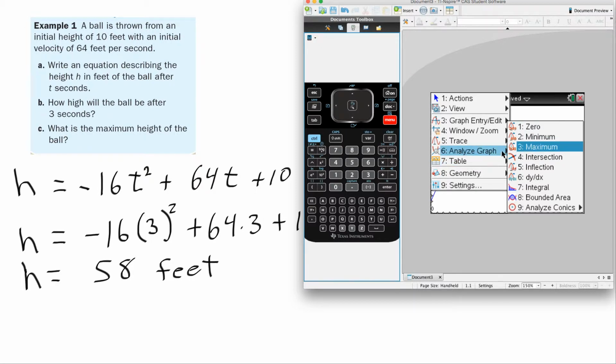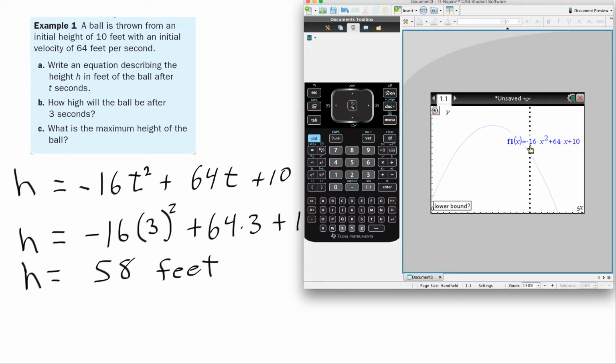Now it's looking for the boundaries on it. It could be that I have some complex graph that has many maximums, so it gives me an opportunity to select where I want the maximum from. So there's my lower bound, here's my upper bound, and I'm given my maximum point of 2, 74.